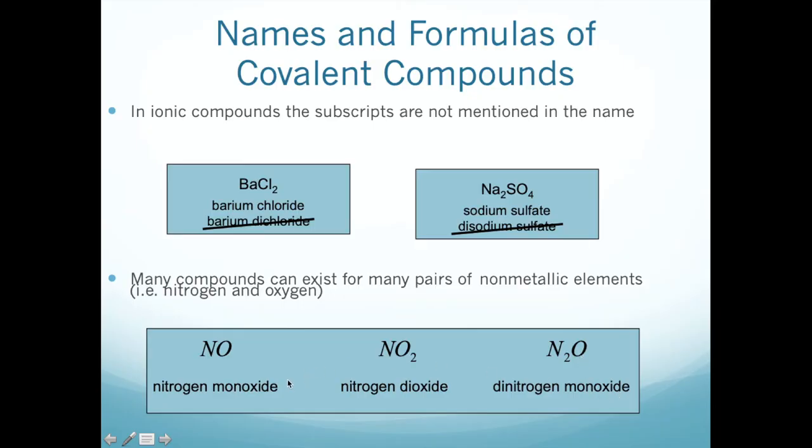Notice in all three cases we still have that "ide" ending for our oxide, just like we do for our ionic compounds, like our barium chloride up here. The only difference, of course, is we have to use these Greek prefixes to state how many there are of each of our elements. The only exception being you don't have to use a prefix if there's one of that first element. You don't have to say mononitrogen.